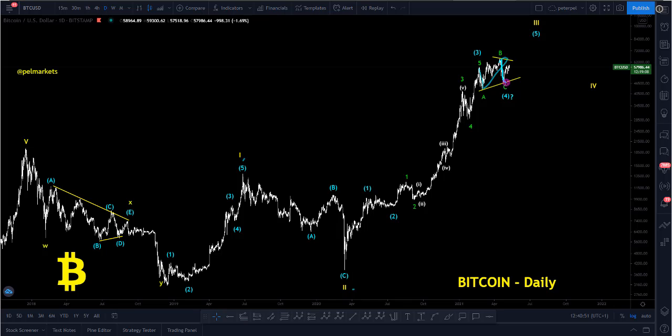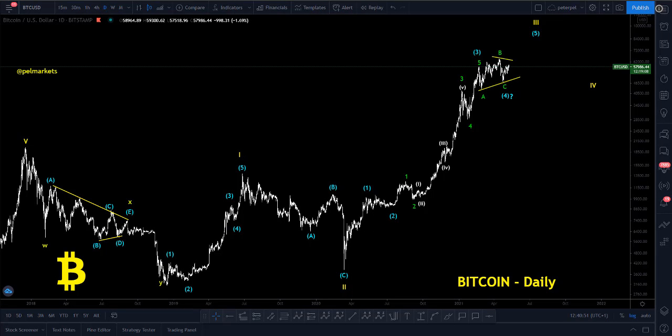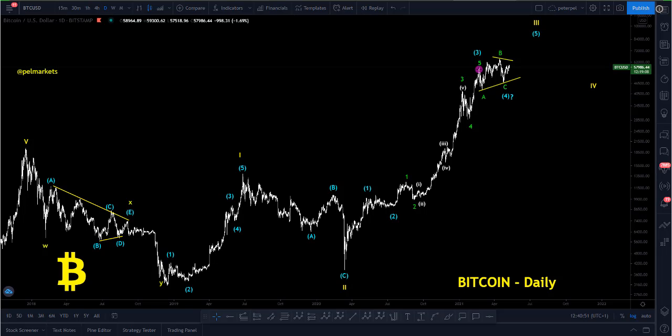A nice ABC, and that can be the end of the correction, but I'm more particular with a triangle. Okay, we're getting something like this, then if we get another wave down, that means a triangle is complete. That is why I've put in a question mark on the wave 4.